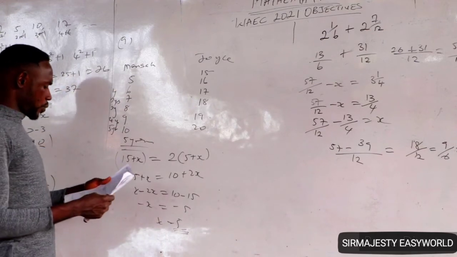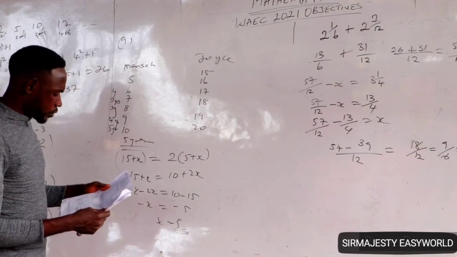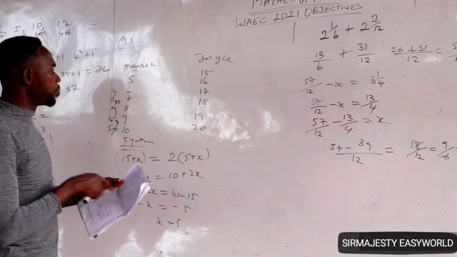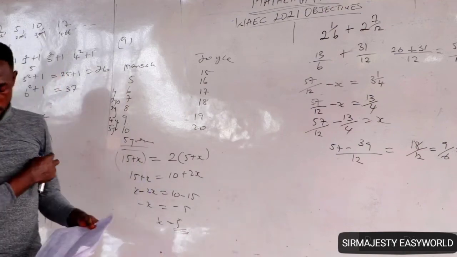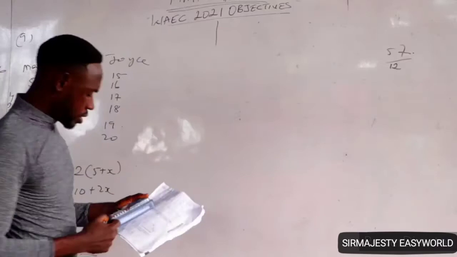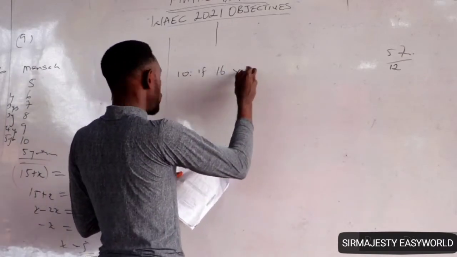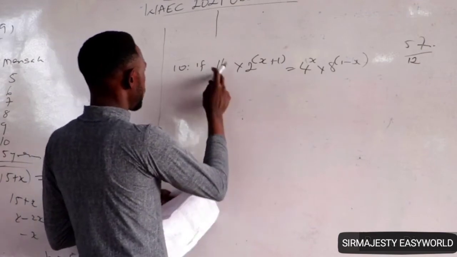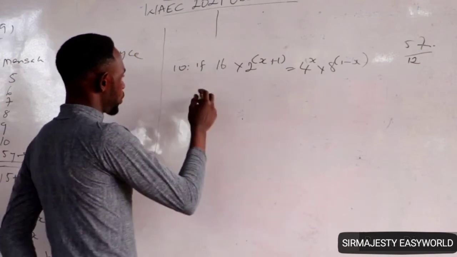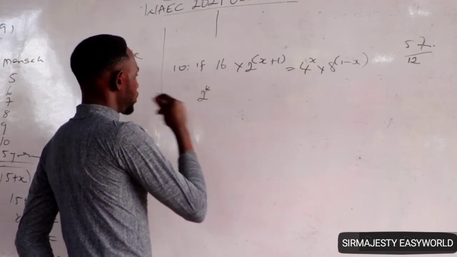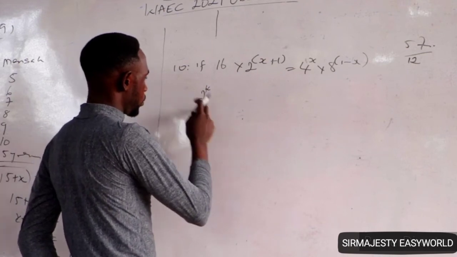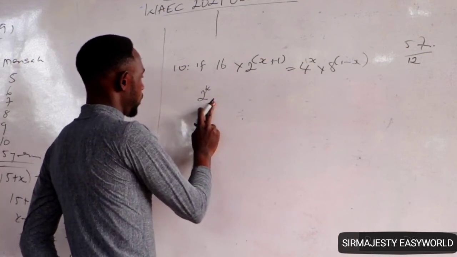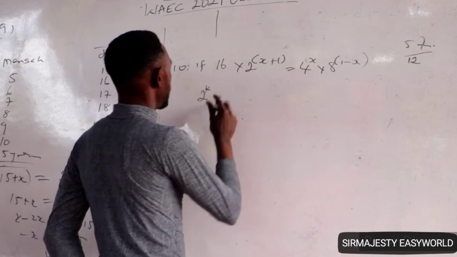We solved a similar question. We will have to put them in common base and cancel out the bases. First, 2 raised to the power what will be 16? 2 raised to the power 4 should be 16, because 2 times 2 is 4 times 2, 8 times 2, 16.